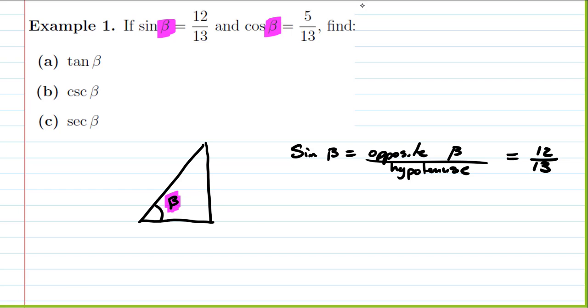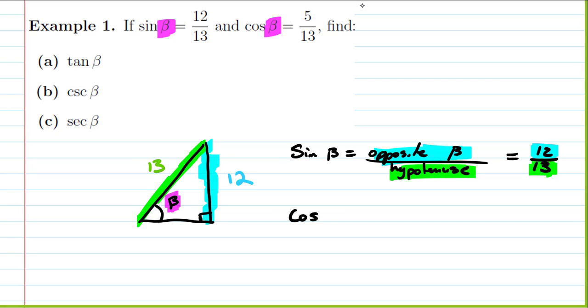So the side opposite of beta is going to be this side of my triangle. So the length of that side has to be the number 12. The hypotenuse is always the side across from the right angle. That's going to be here. And our hypotenuse is going to have to be 13.